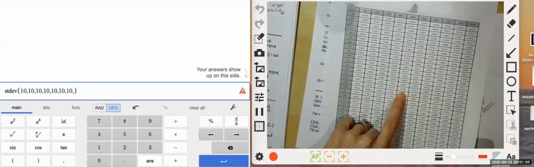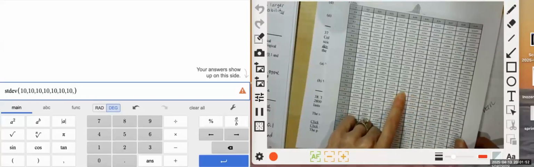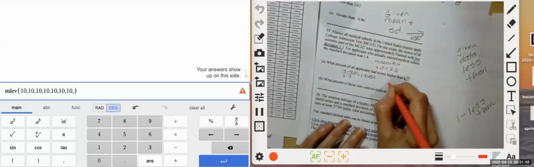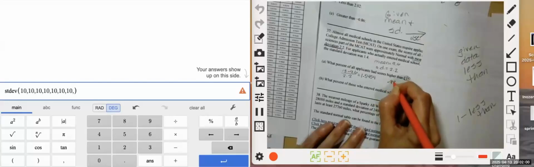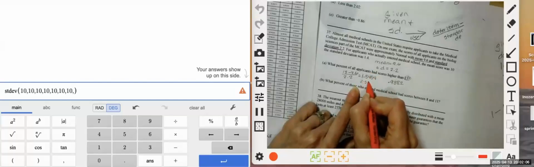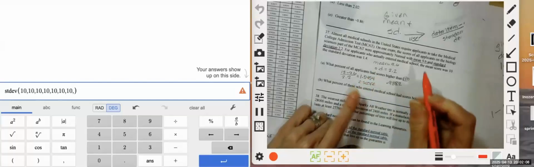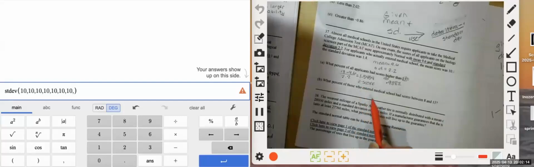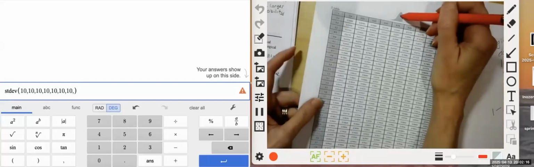1.54. 0.9382. So this is my z-score, and this is the percent, but this is the percent that are lower.